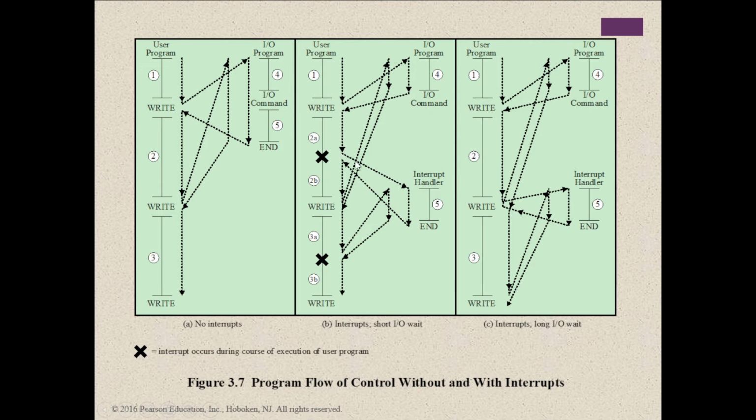And when the I/O command is finished, the interrupt handler will take the attention of the processor, to tell it that the I/O command has finished its operation. That's why there is an asterisk, or an X mark, meaning you have to address it first. Then it will continue its operation, and then we have, of course, the write call again.